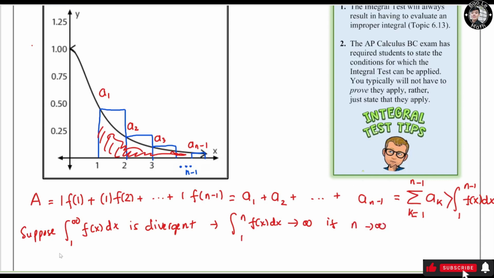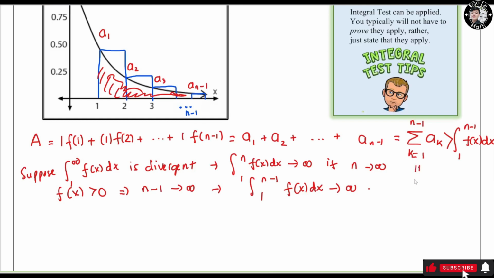And since f of x is positive, we can conclude that n minus 1 always approaches infinity, right? So the integral from 1 to n minus 1 of f of x dx approaches infinity, right?